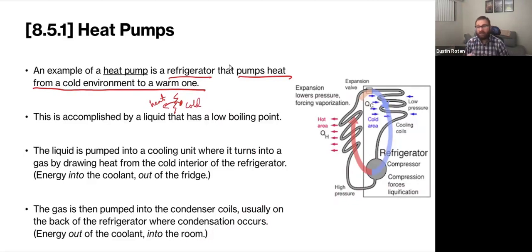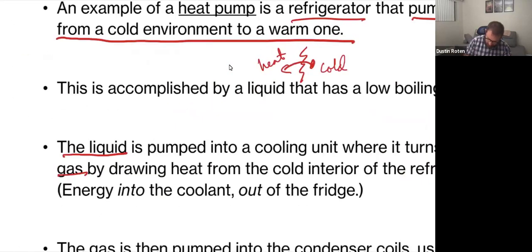So let's walk through this refrigerator diagram over here. Essentially, a liquid is pumped into a cooling unit where it turns into a gas. Now, this is a special liquid. So we need a liquid with a really low boiling point.